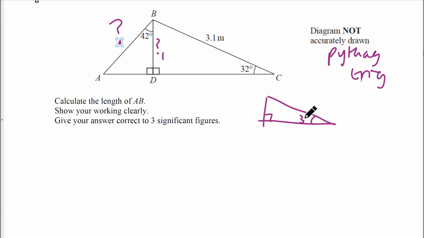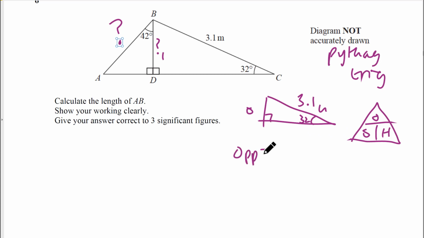We've got 32. 3.1. So that's the hypotenuse. We want the opposite, so we know we can use SOH. So if you cover this, you should understand the triangle well. Opposite equals sine the angle, sine 32 times H, 3.1.